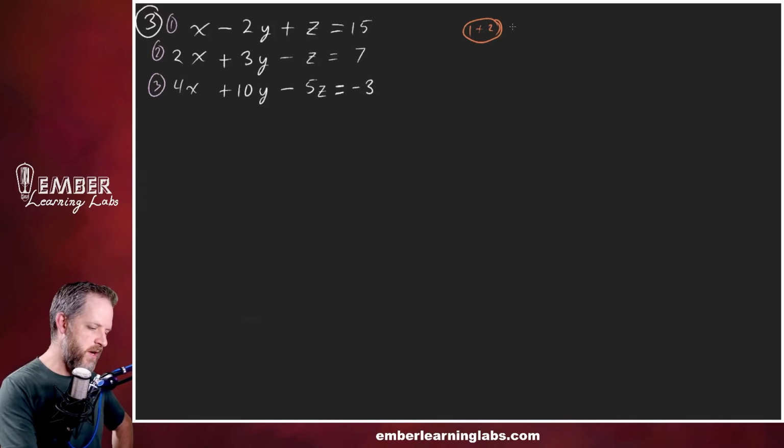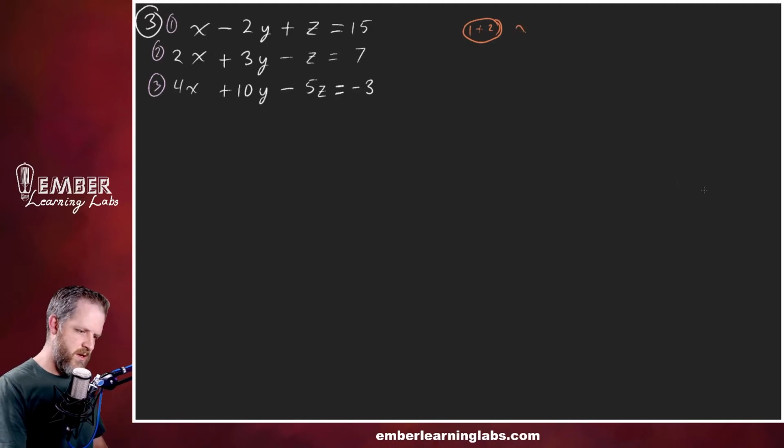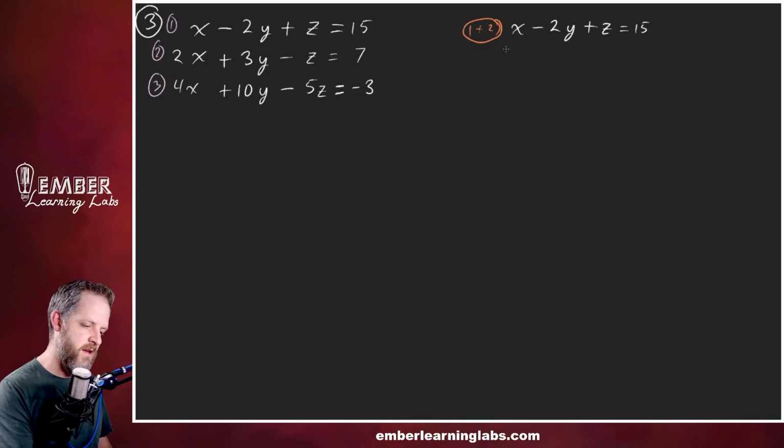So I'm going to rewrite it in this color. x minus 2y plus z equals 15, and 2x plus 3y minus z equals 7.